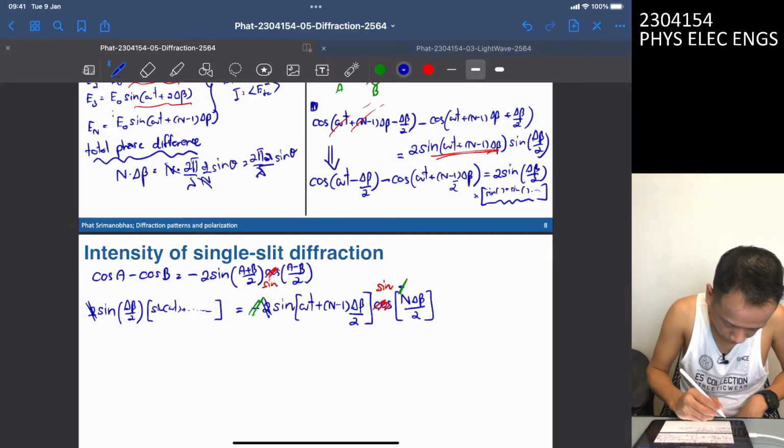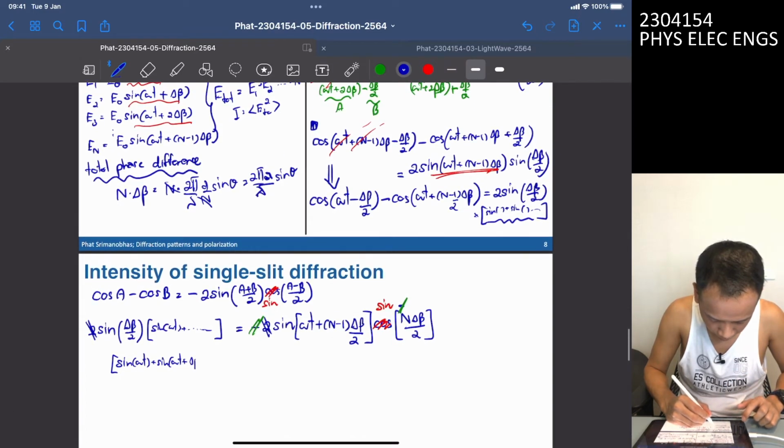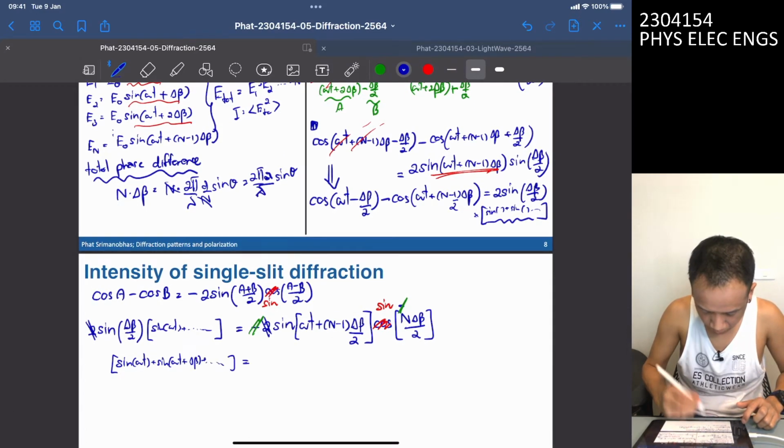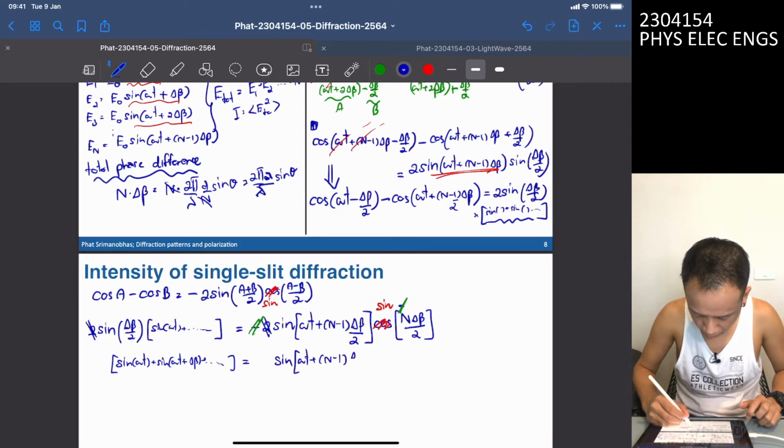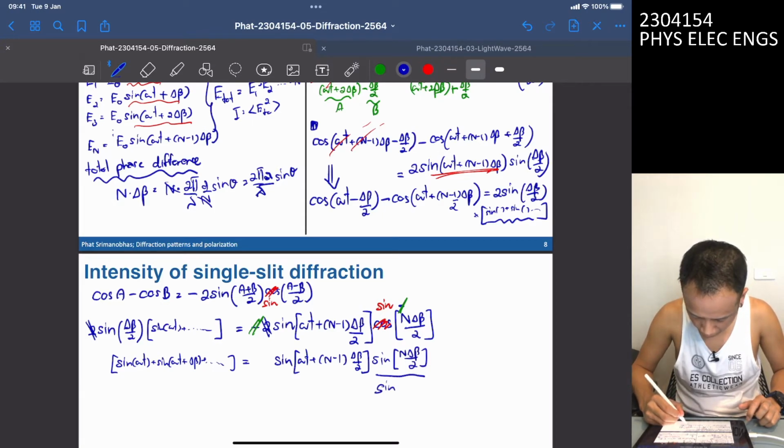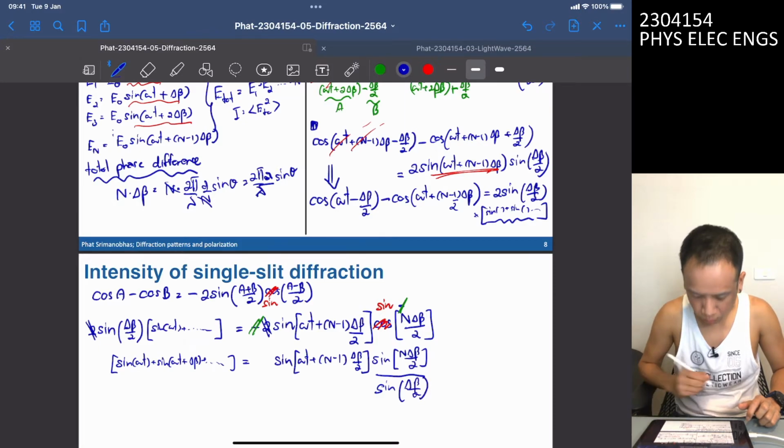So what you have is sine of omega t plus sine of omega t plus delta beta plus so on, equal to sine of omega t plus n minus 1 delta beta over 2, times sine n delta beta over 2, divided by sine delta beta over 2.